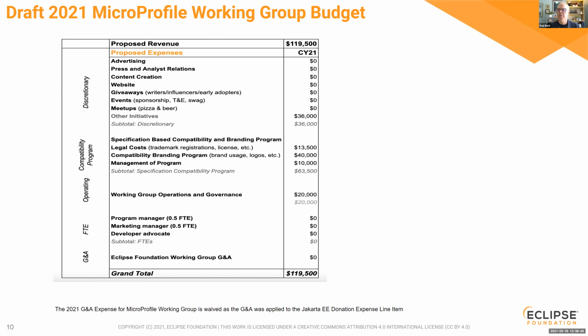And I know there's been discussions about compatibility of or TCKs for the individual specifications, so question marks beside the Jakarta specification. So if there's some definition on what that program is that has been reviewed, understood, and discussed, and potentially voted on, then that would be good to know.